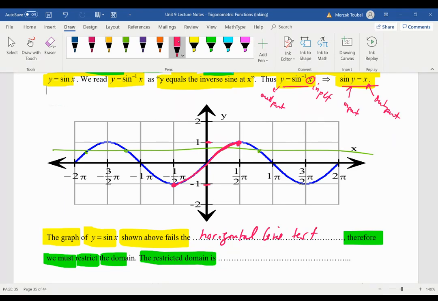So it is sufficient to study this function from negative pi over 2 to pi over 2. The restricted domain would be the closed interval, negative pi over 2 to pi over 2, meaning we include negative pi over 2. So we include every single point between negative pi over 2 and pi over 2, including the endpoints. This will be the restricted domain.